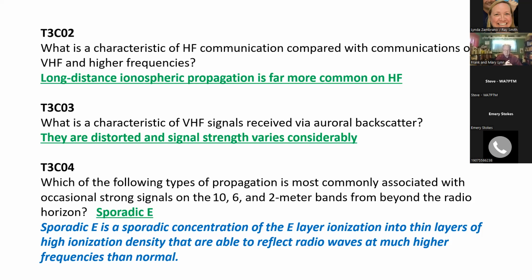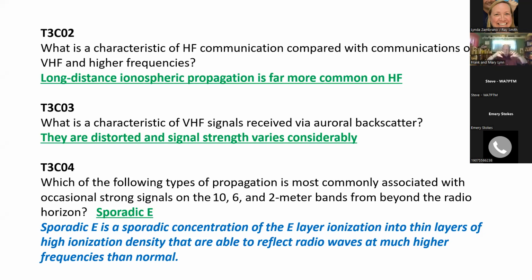Which of the following types of propagation is most commonly associated with occasional strong signals on the 10 meter, the 6 meter, and 2 meter bands from beyond the radio horizon? This goes back to the ionosphere, and you have a layer of it called the E layer. Occasionally the ions in there get really excited and reach a very high density.